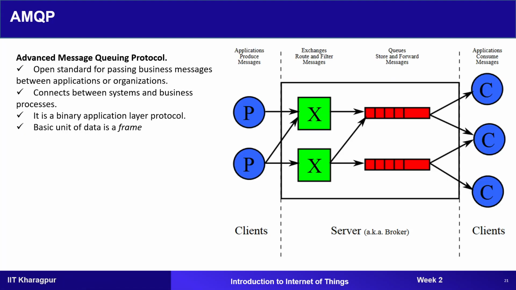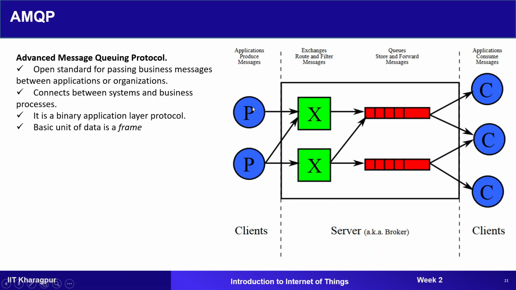Now the next type of protocol is AMQP. AMQP stands for Advanced Message Queuing Protocol. Basically this protocol is used to connect various applications in an organization. As this diagram is showing, these are the different applications which are going to produce some data, and these are the different applications which are going to consume that data.